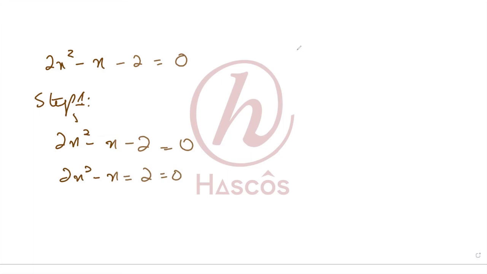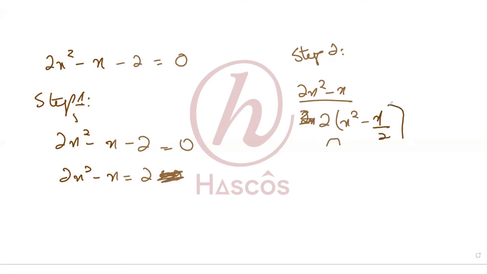For step number 2, we need to focus on the left hand side, which is 2x square minus x, and we need to make this left hand side into a perfect square. Now we need to take out 2 as common and we're left with x square minus x upon 2 on the inside.